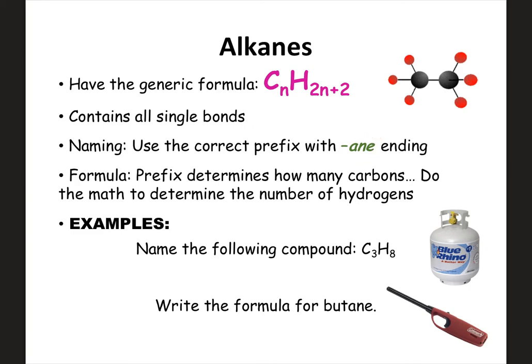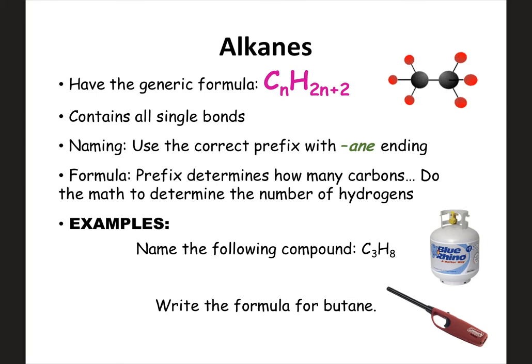If you're going from the name to the formula, the prefix tells you how many carbons to write, and then you do the math. You see the ending is ane, so you take the number of carbons times 2 and add 2 to get the number of hydrogens. It might sound a little confusing right now, but I guarantee when you see some examples, you'll think, wow, that makes a lot of sense, and it's actually pretty easy.